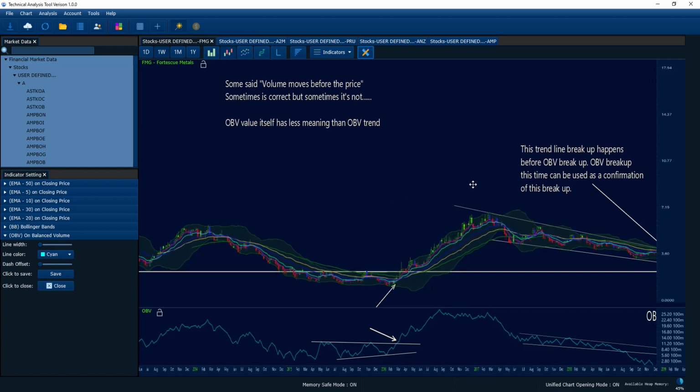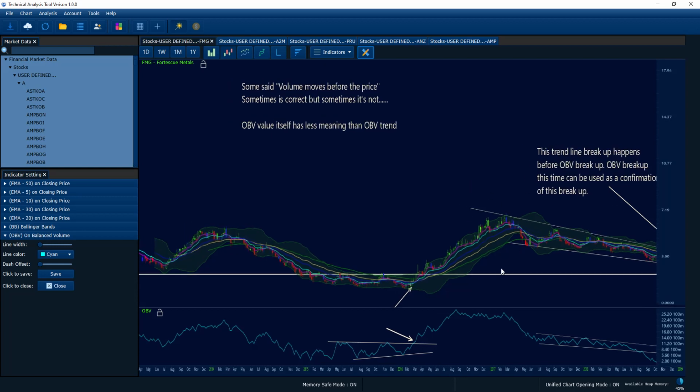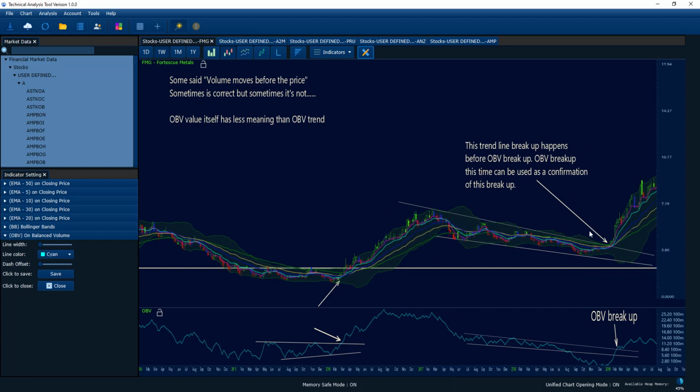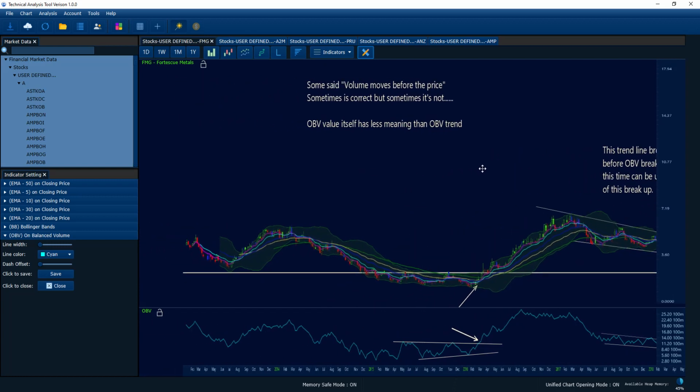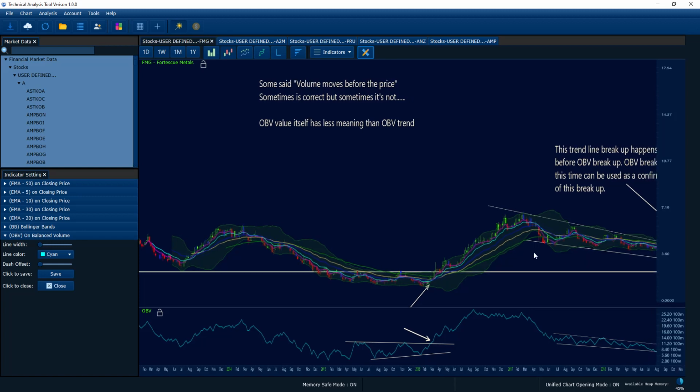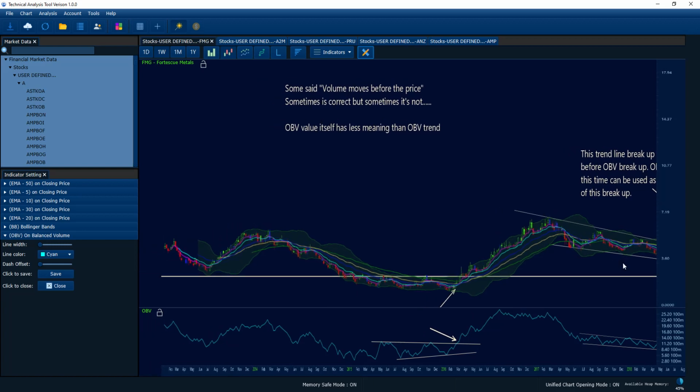As you can see in this period of time, the shares are trading in a falling wedge pattern, right? So you can draw two trend lines, an upper trend line and a lower trend line, and in the meantime you can see the OBV behaves the same.